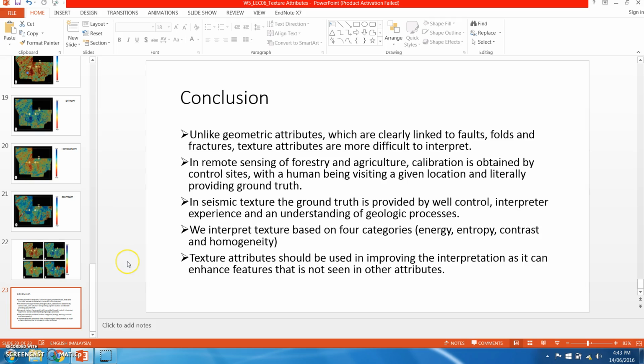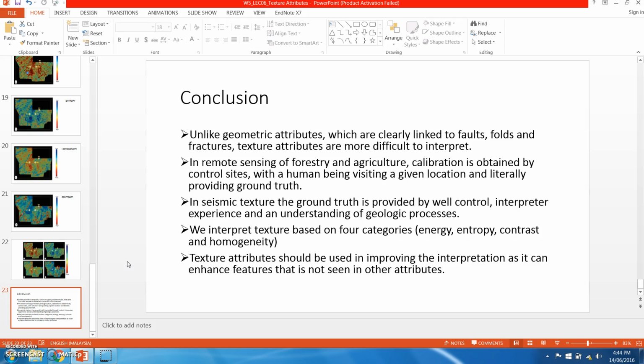So we use texture attributes to enhance our interpretation, especially when we have to relocate, to look again at where the potential or next drilling target is. In general, texture attributes should be used in improving the interpretation as they can enhance features that are not seen in other attributes.